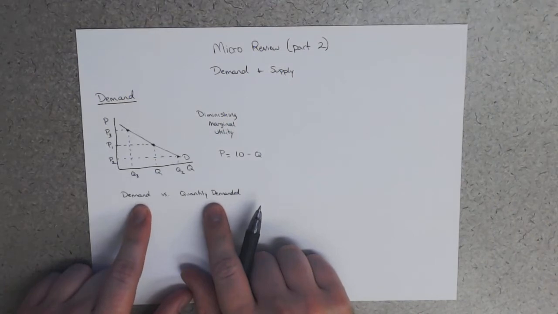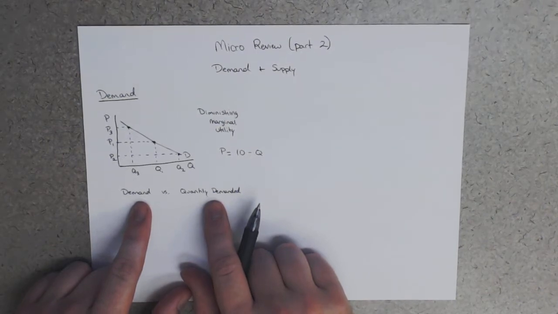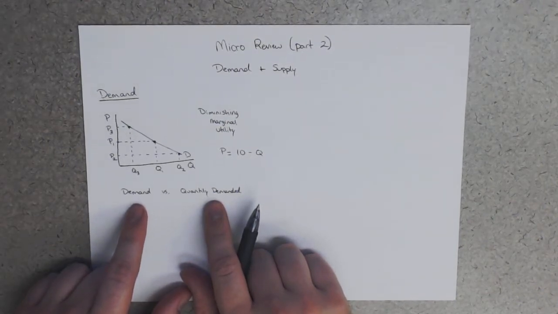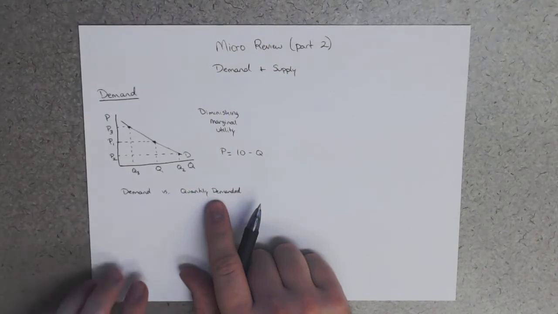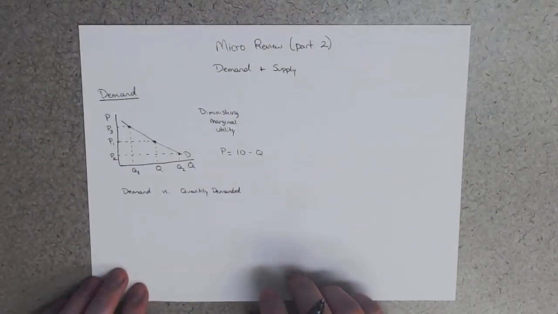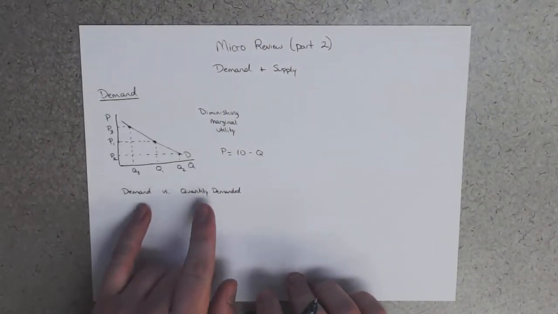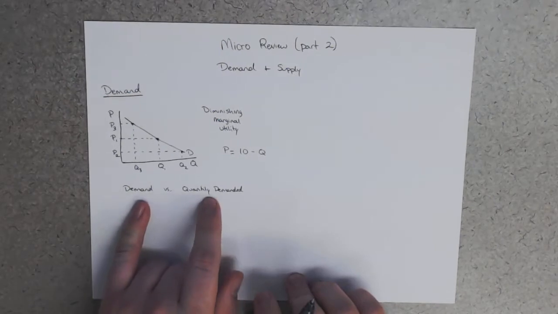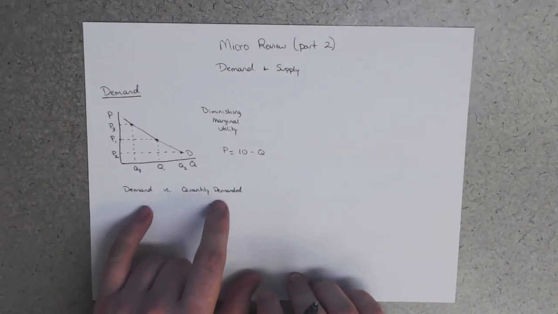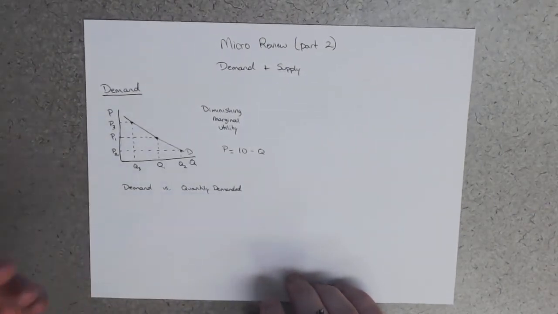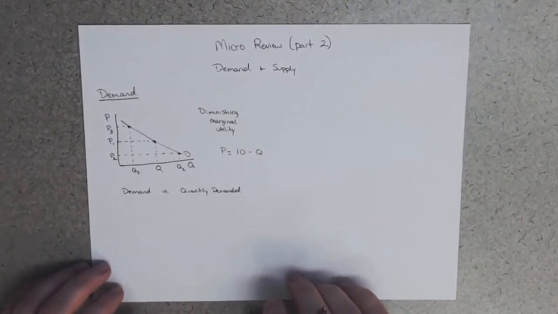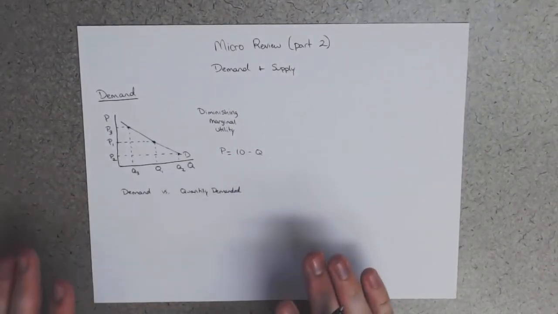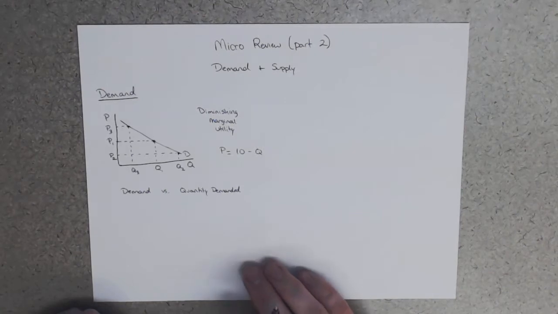If you mix them up, I'm going to get very confused about what you're talking about, and anyone listening to you is going to get very confused. It is, at some level, the source of a lot of misconceptions about economics, a failure to keep these two things separate. So please keep these things separate. I will be grading what you write, not what you meant to write. So if you mix them up, I'm sorry, I have to mark it wrong.